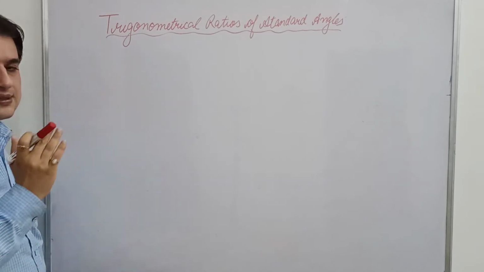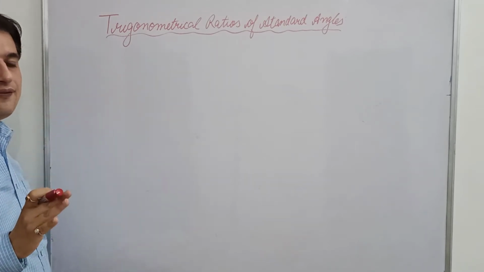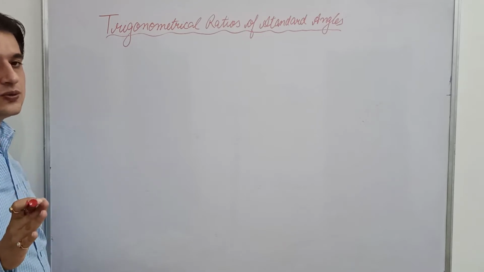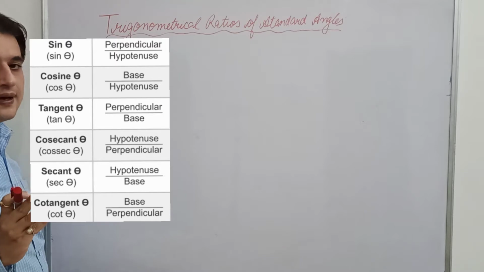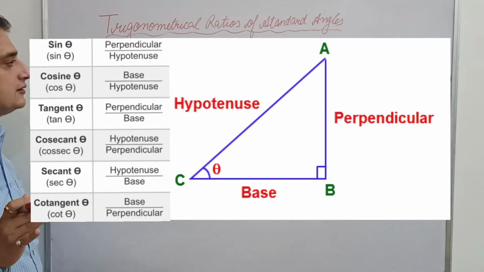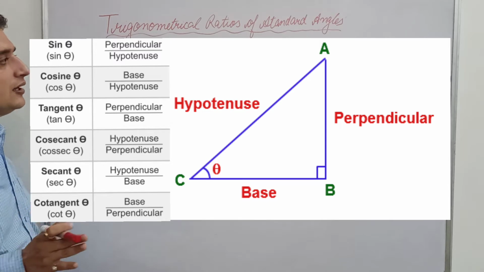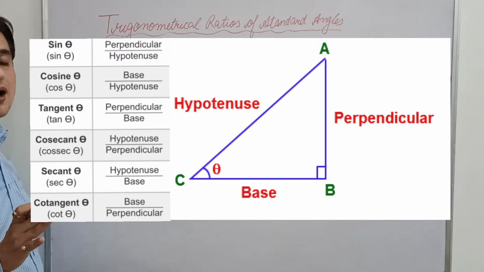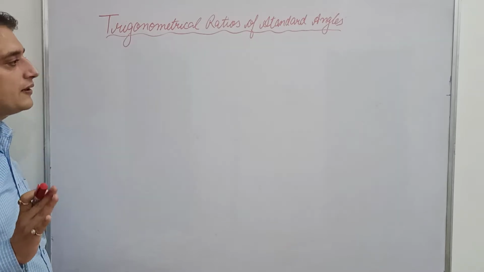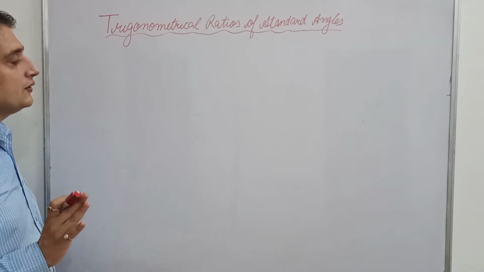So in the first exercise we had to find the values of the 6 T ratios, namely sine, cosine, tangent, cotangent, secant and cosecant. These 6 T ratios are defined for the acute angles of a right angle triangle, right?